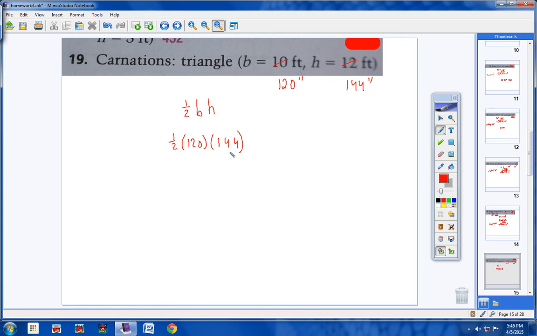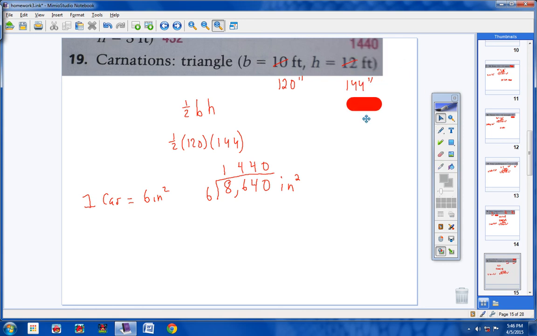If you multiply these three numbers together, you will get 8,640 square inches. Now, one carnation equals 6 square inches. So let's see how many 6 square inches go into 8,640 square inches. 1,440 exactly. Alright, so there we go.